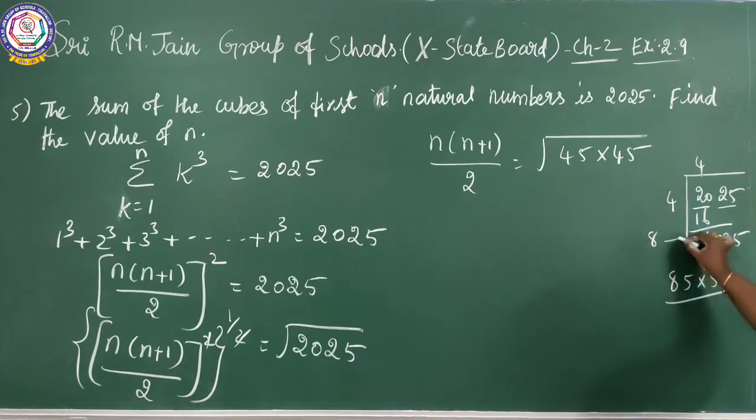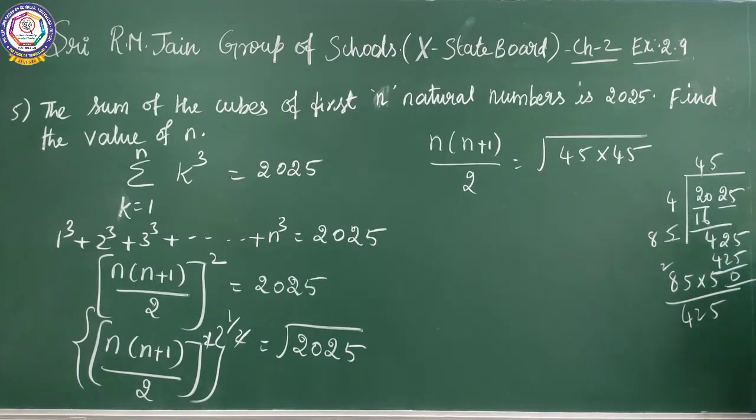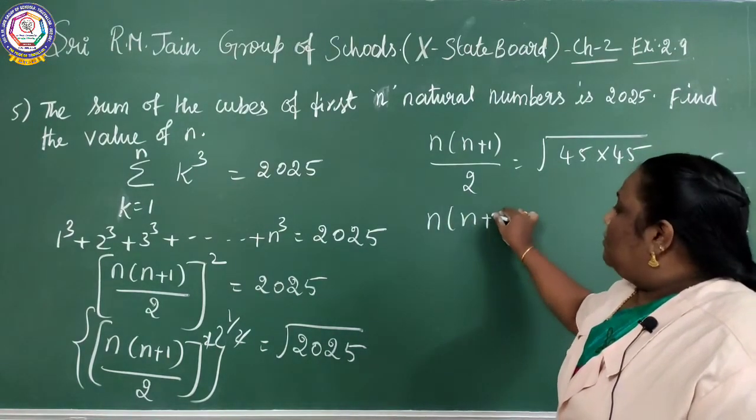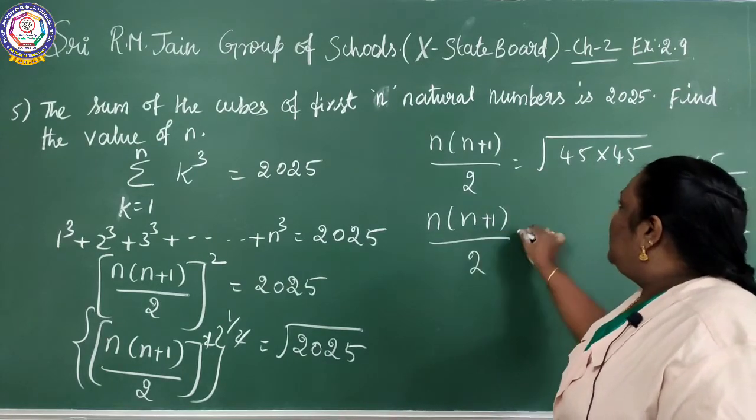Whatever number you substitute here, you put the same number there. 5 fives are 25, balance 2, 5 eights are 40, 42. So you can put 5 here. So the square root of 2025 is 45.